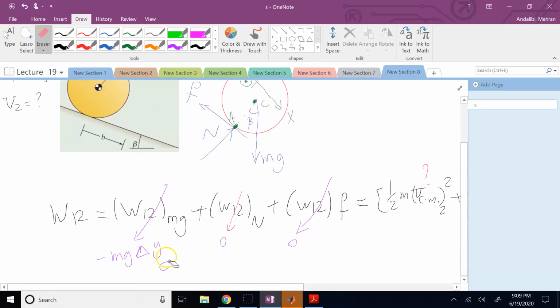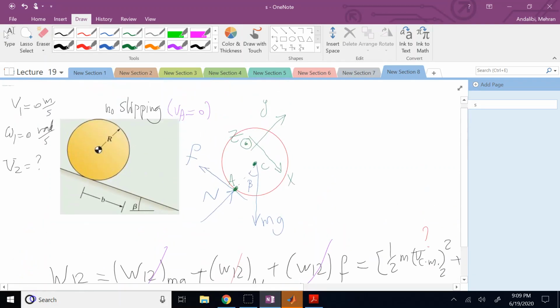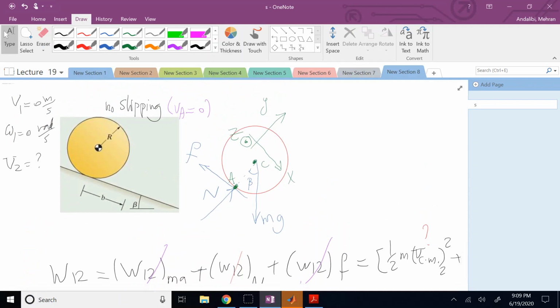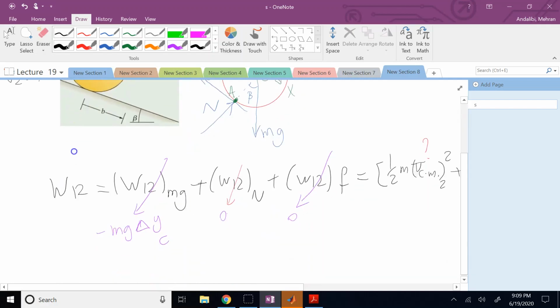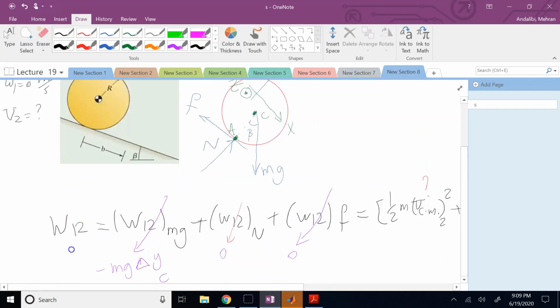Now here is the dangerous part. If you compare this y against that y, you can be in trouble, because along this y, perpendicular to the inclined surface, there is no displacement. So you might be tempted to say this is 0, but it's not.